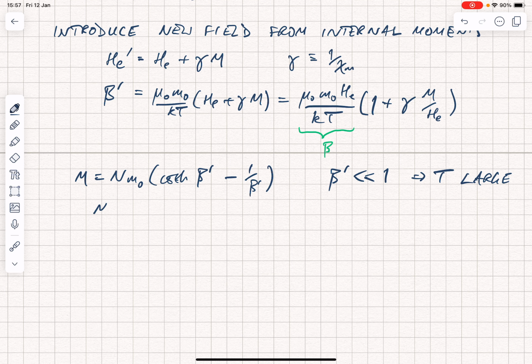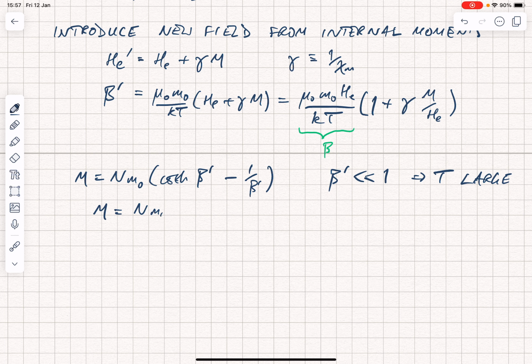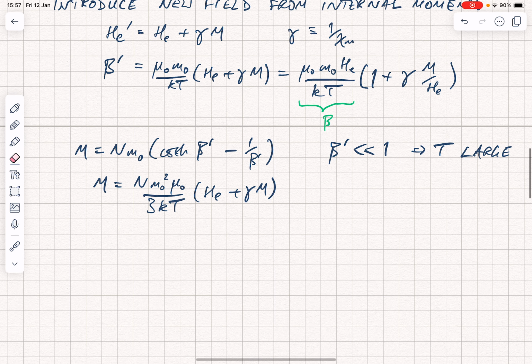So now you expand this out and you use that approximation. You say that M is equal to N m0 squared mu naught over 3kT, there's the 3, into HE plus gamma M. Okay, so we can rearrange that for M.